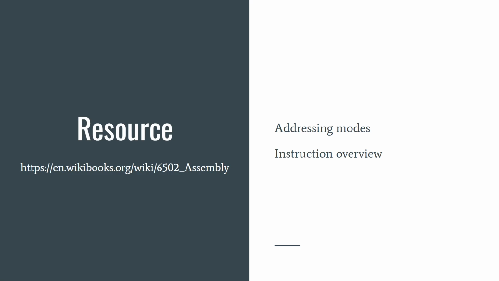Hopefully at this point, I've shown you enough instructions and talked about status registers and the accumulator and index registers that you have a fundamental basis to look at this website and understand what it is. It has all of the information about the entire instruction set. You just have to know how to read it. And I think at this point, you probably do. So let's jump over there.